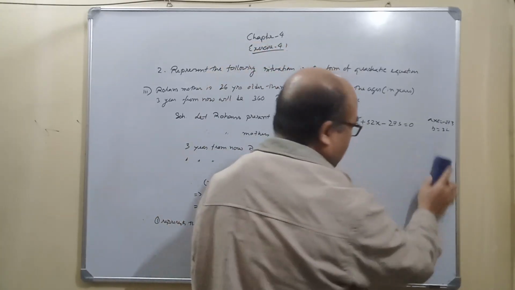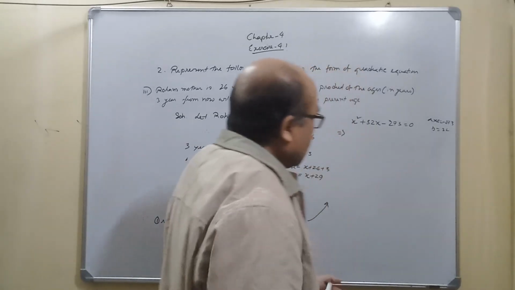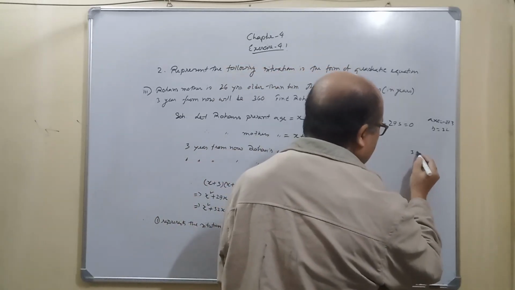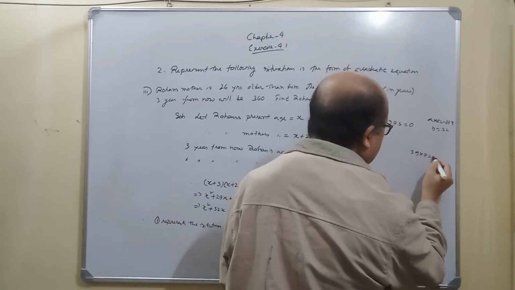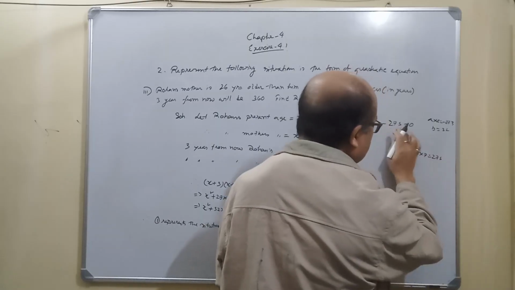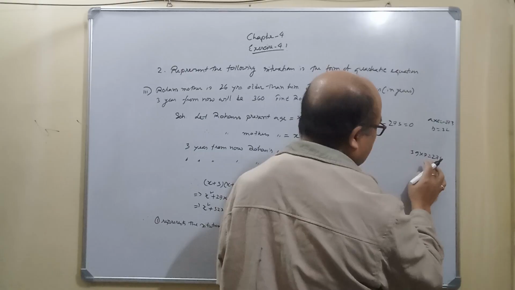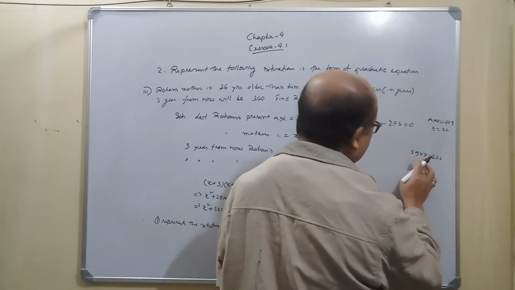Let us confirm. 39 into 7 is 273. We get this number, minus 273. So whether 39 is negative or 7 is negative, we will find out.